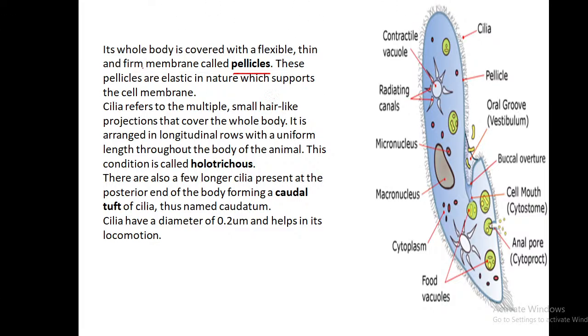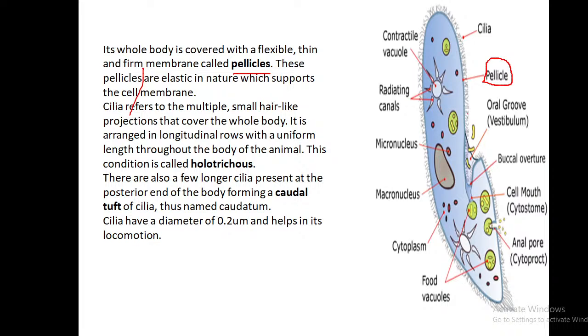This is the pellicle. Pellicle is the outer covering of the whole body. Every cell has a membrane boundary, a cell wall or a cell membrane. So the cell membrane of this paramecium is called pellicle.